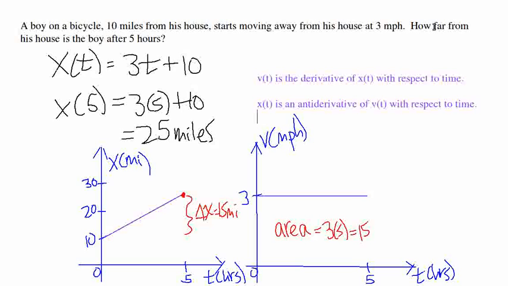We are calculating an area by analyzing the properties of the antiderivative of the corresponding function. Okay, why? Because remember, x is the antiderivative of v. Okay, so apparently there you have choices. If you want to calculate the change in a function, you can do an area calculation. Likewise, if you want to calculate an area, you can do a change in function calculation.